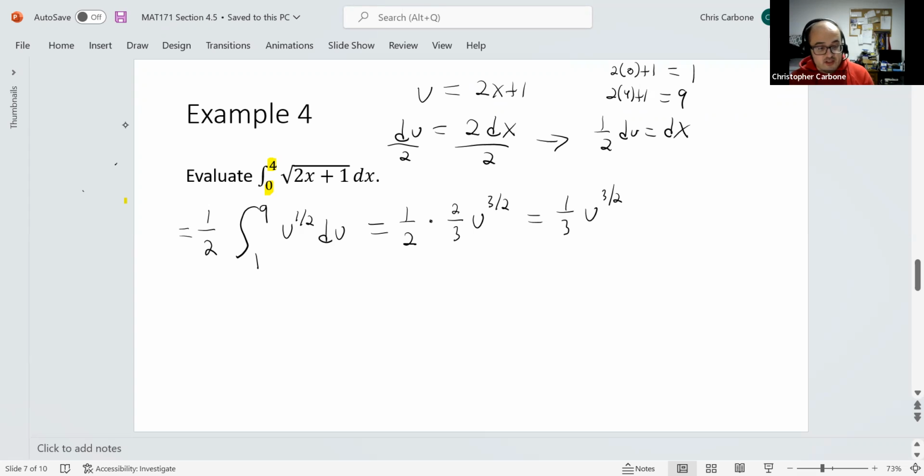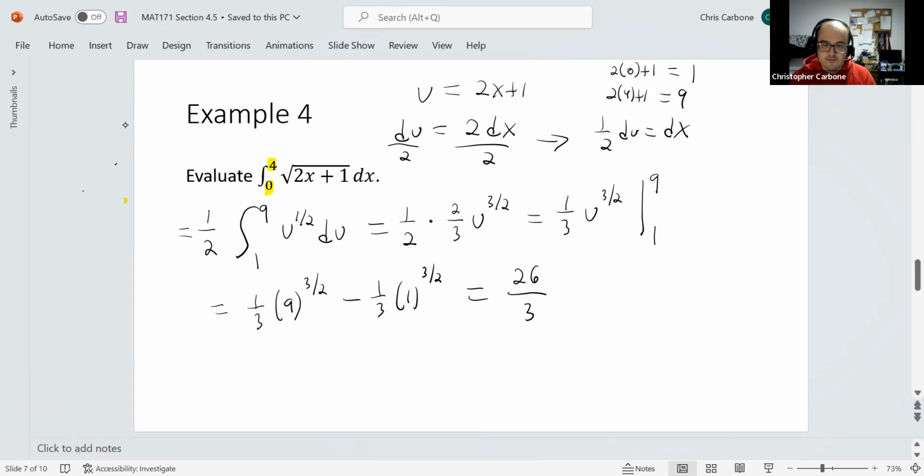But since we changed the terms of integration, we could just use the new terms now as opposed to the old ones. So we're going to evaluate this between 1 and 9. So this will be 1/3 times 9 to the 3/2 minus 1/3 times 1 to the 3/2. And when you compute that, you should get a value of 26/3.